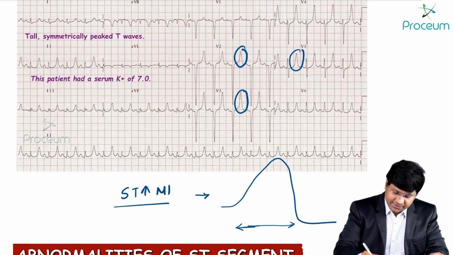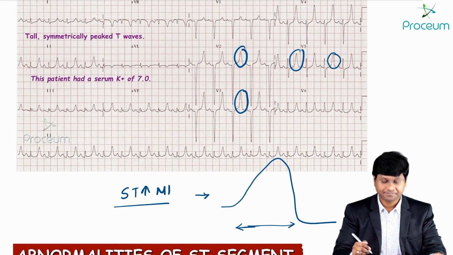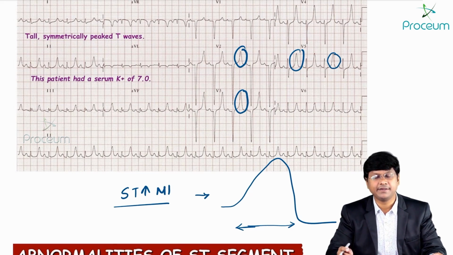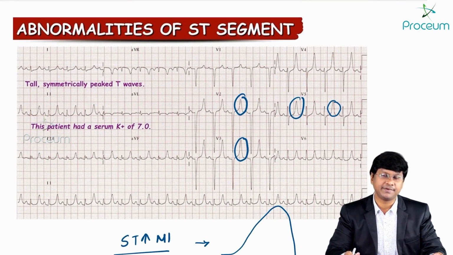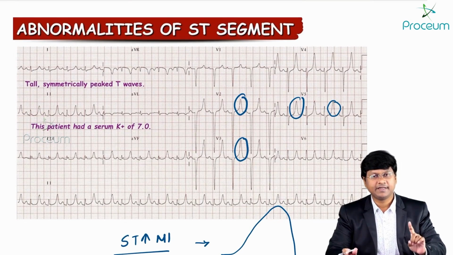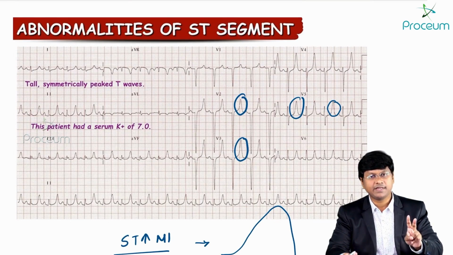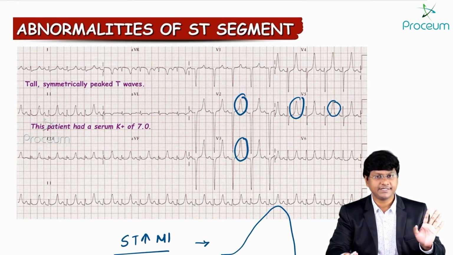Whatever you are seeing here is a symmetrical tall T wave. But in ST elevation MI, you have asymmetrical, broad, tall T waves. Okay. So that is about the ECG changes in hyperkalemia. So hyperkalemia, ST elevation. Hypokalemia, ST depression. Right? Next.